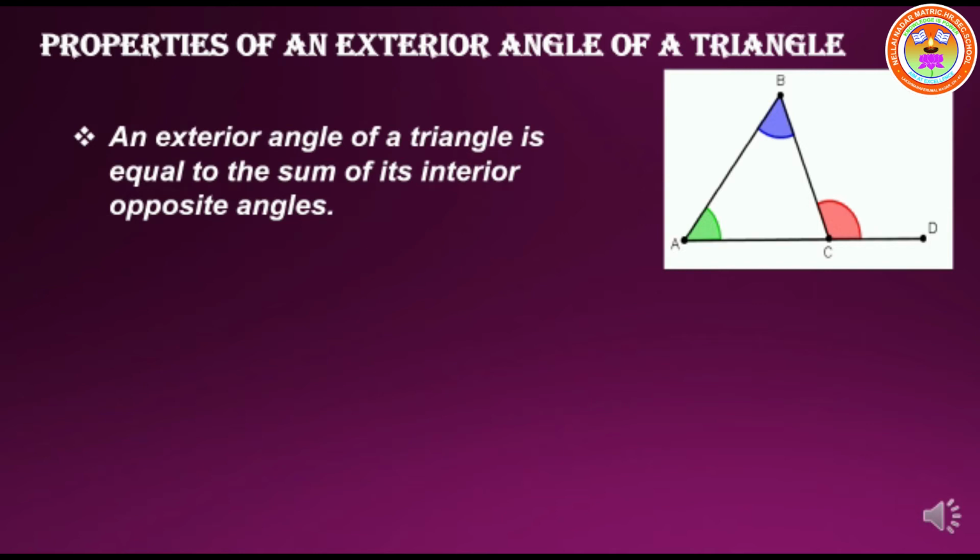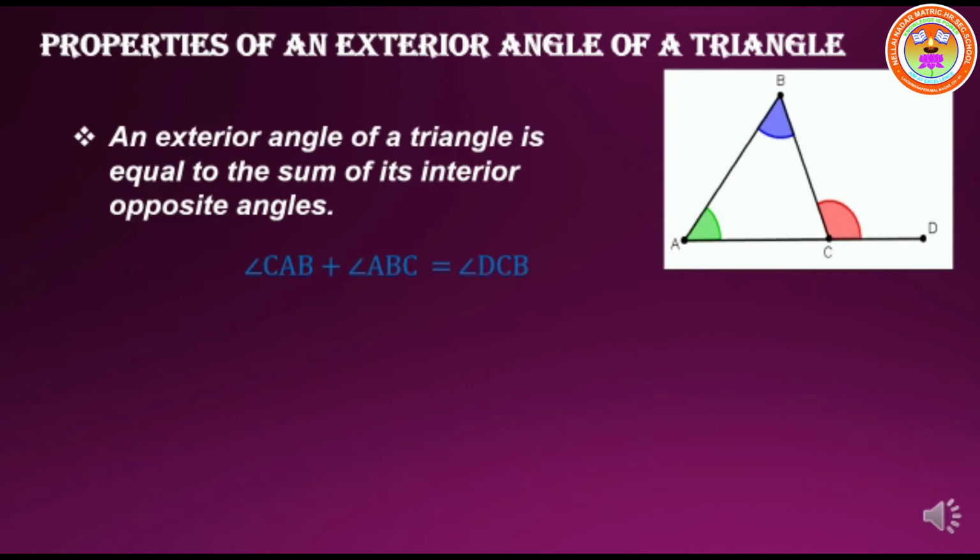So what does the property state? An exterior angle of a triangle is equal to the sum of its interior opposite angles. So this can be written as angle CAB plus angle ABC will be equal to angle DCB.